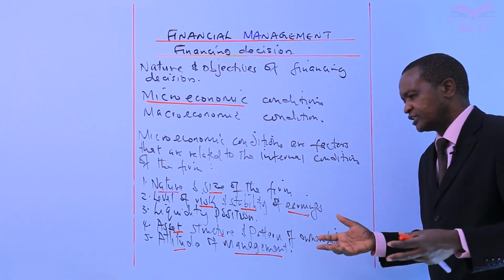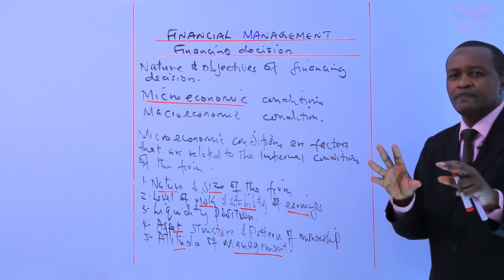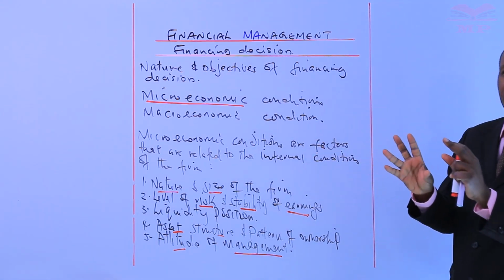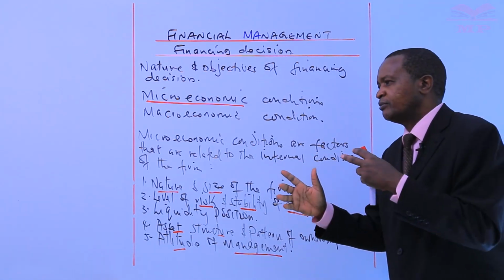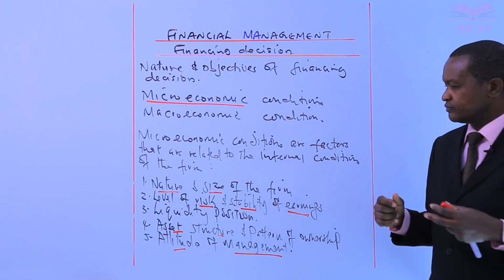But we can say here that a prudent manager is one who would prefer a compromise between risk and return, or between profitability and liquidity.